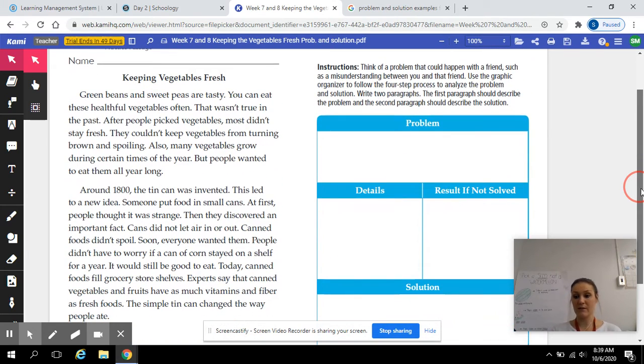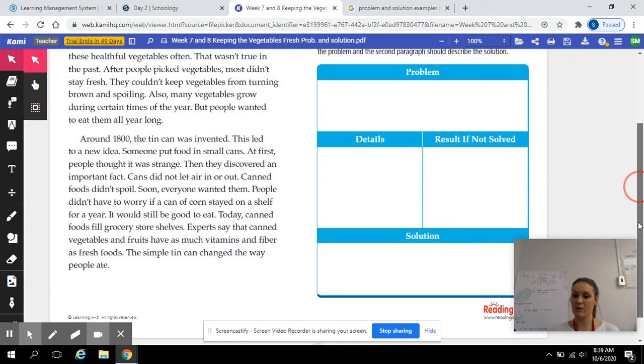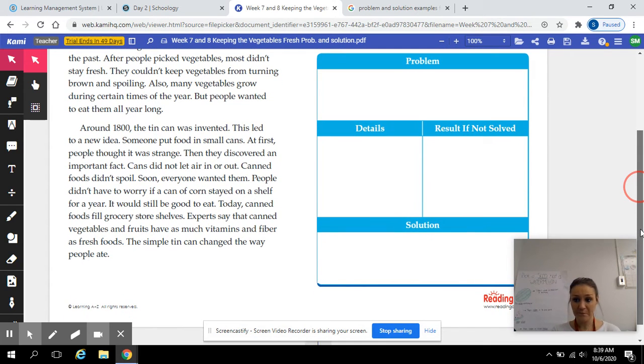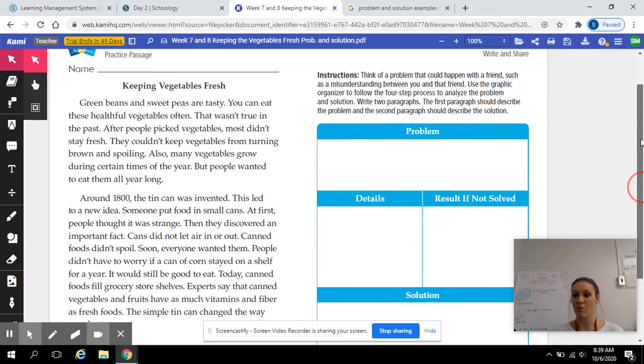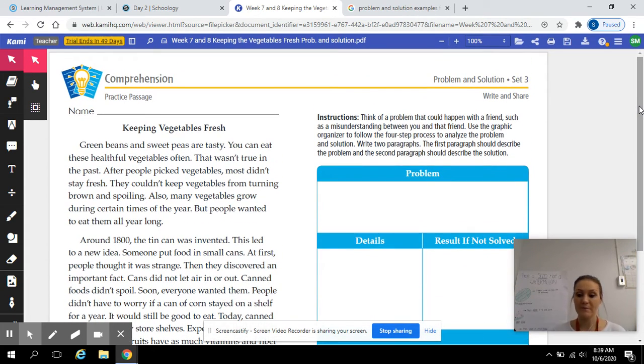We will look for details, and then on your own for homework or your assignment, you are going to identify the solution. Or if there is no solution that you can find, you will fill in the result if not solved. So if the problem was not solved, what was the result of that? Okay, or what can you put there? So we will read this together, and then we will fill out the problem.